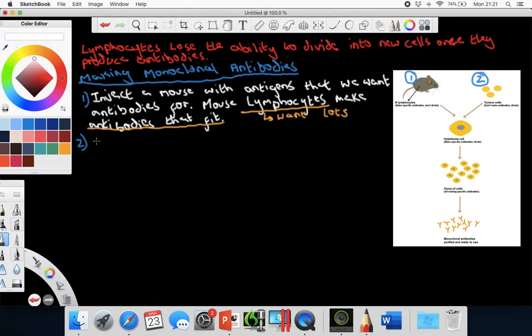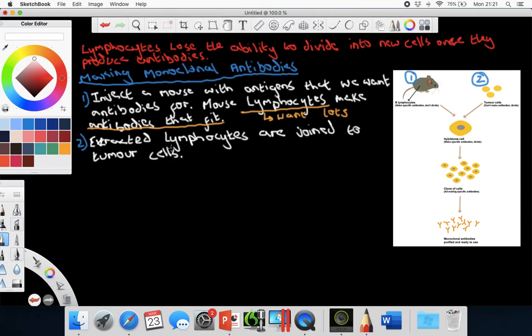So we can say here, number two, extracted lymphocytes are joined to tumour cells. So we join these extracted lymphocytes to tumour cells.